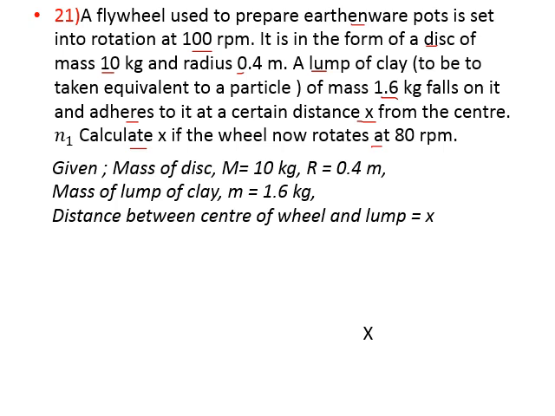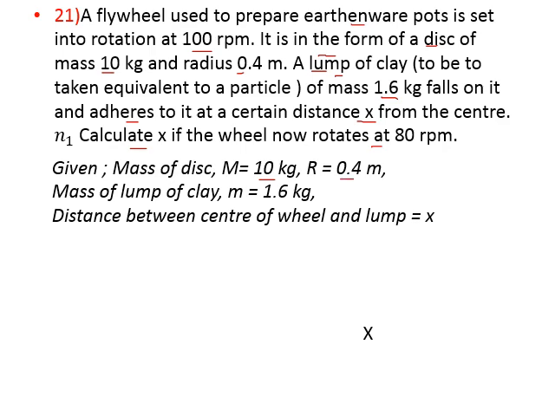Now how can you imagine this situation? It is divided in two parts: before dropping of the lump of clay on the wheel and after dropping this lump of clay on the wheel. I will explain this using this diagram. Before this, now see data is given. Mass of disc and radius of disc is given.